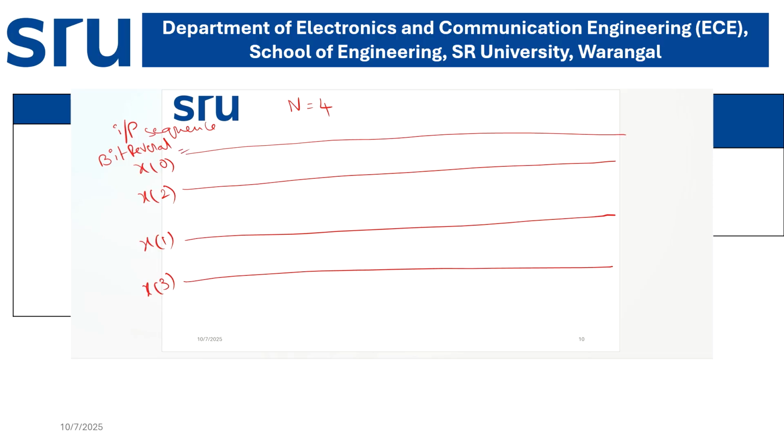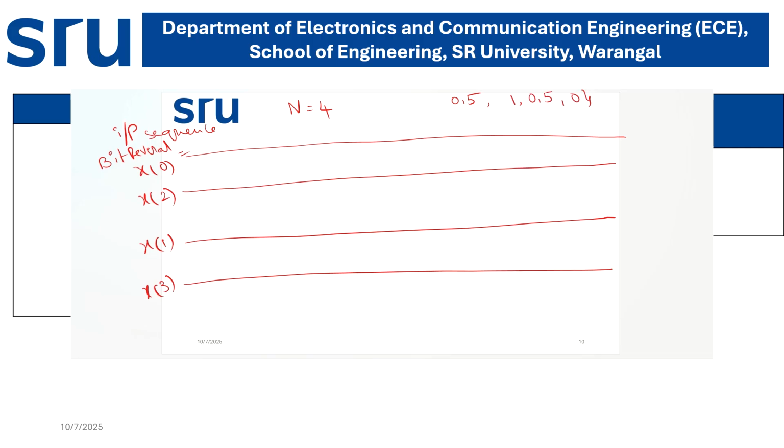Now given x of n is 0.5, 1, 0.5 and 0. Therefore, the x of 0 value is 0.5, the x of 1 value is 1, then 0.5, and x of 3 is 0.